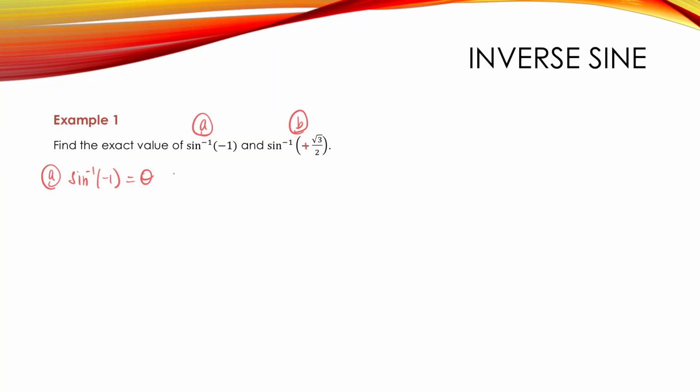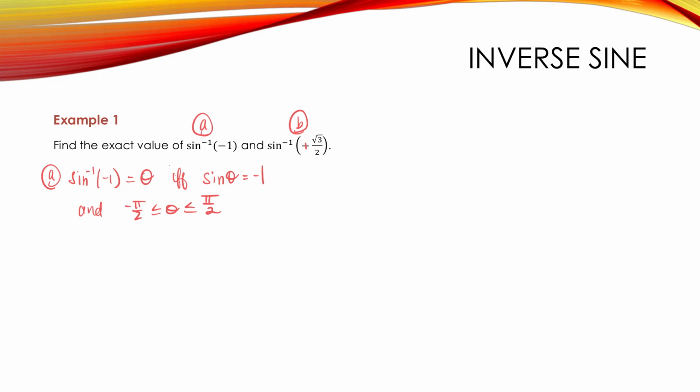But this is true if and only if the sine of theta is negative 1 and negative pi over 2 is less than or equal to theta, which is less than or equal to positive pi over 2.